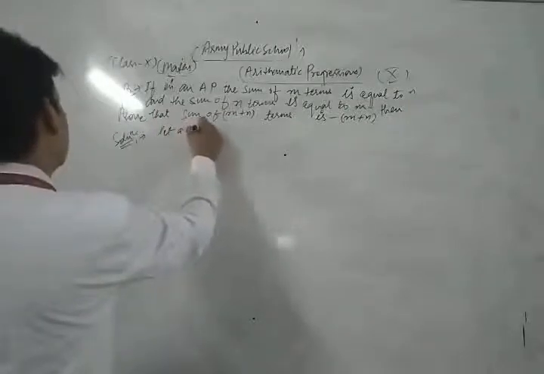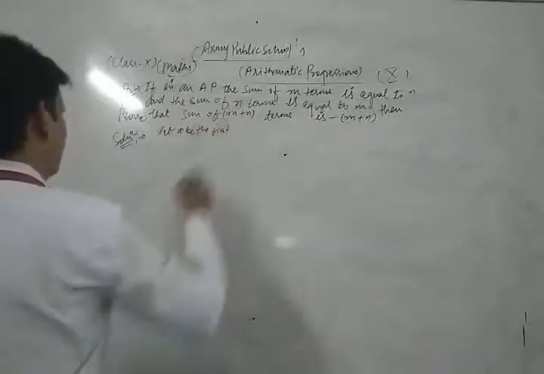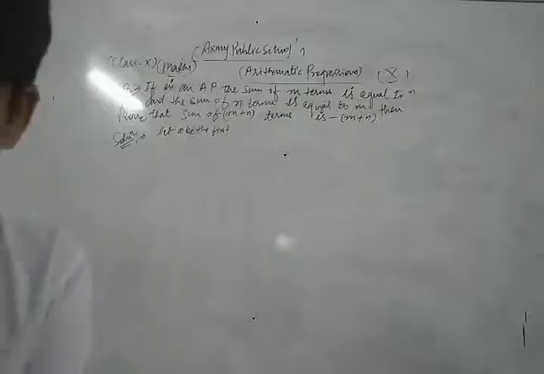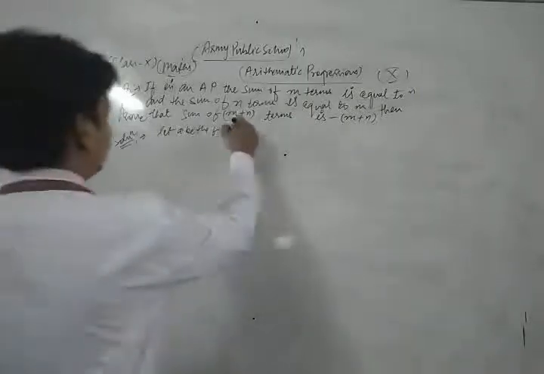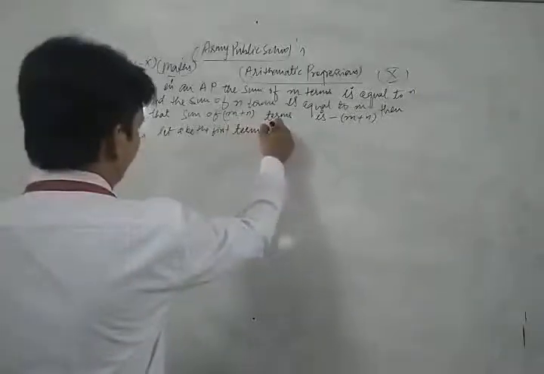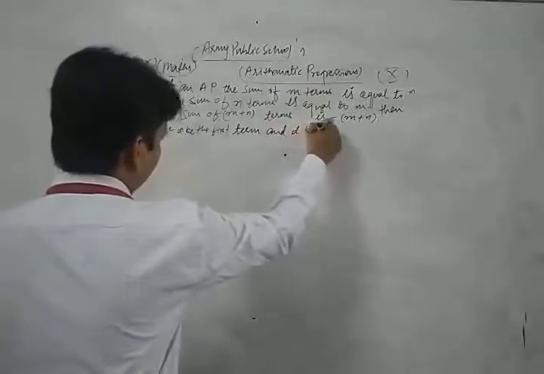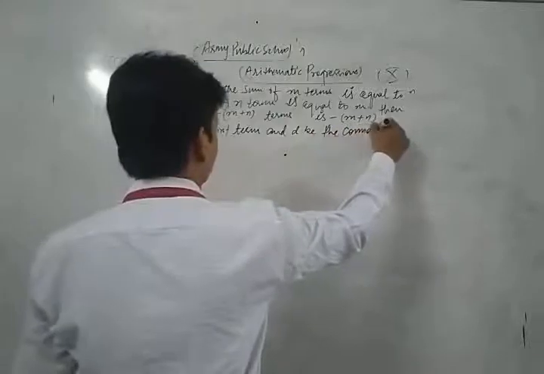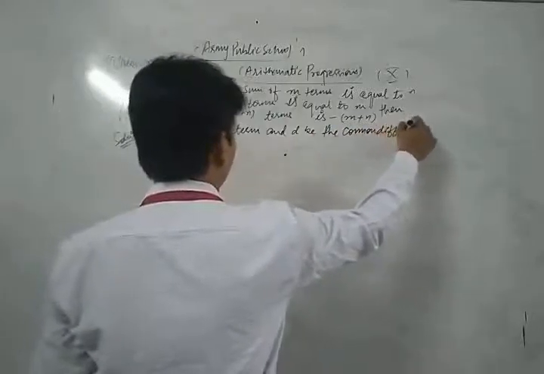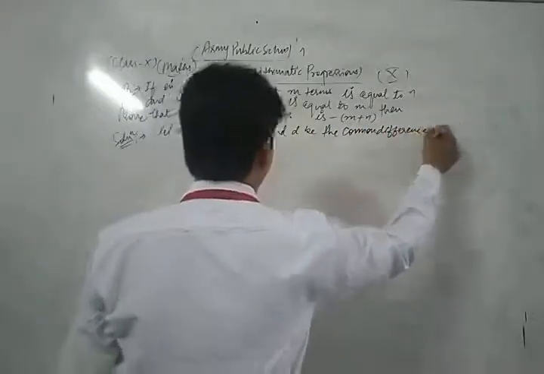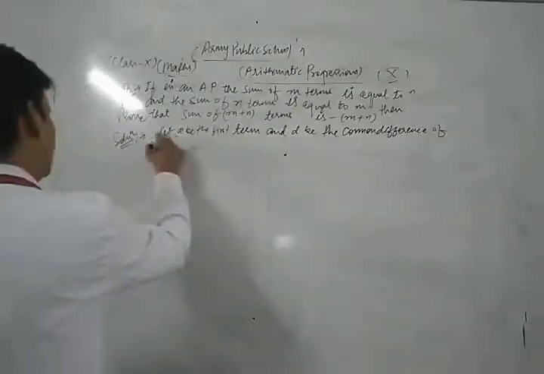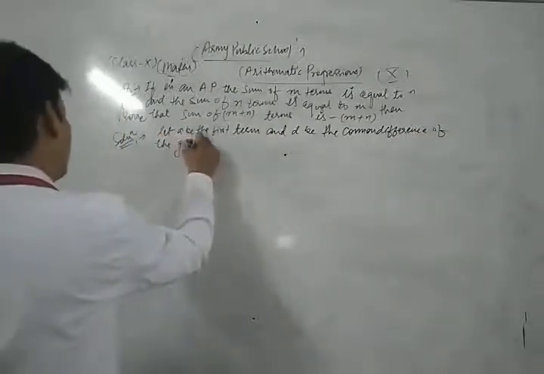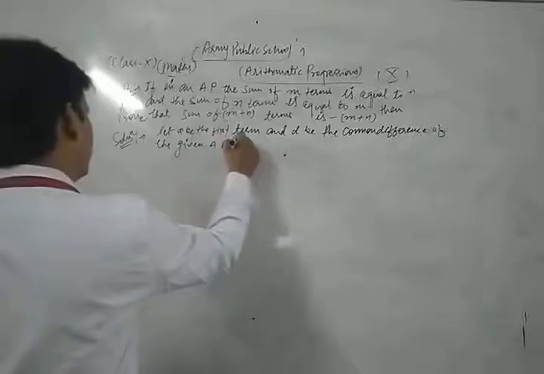Let's see. First of all, let a be the first term and d be the common difference of the given AP.